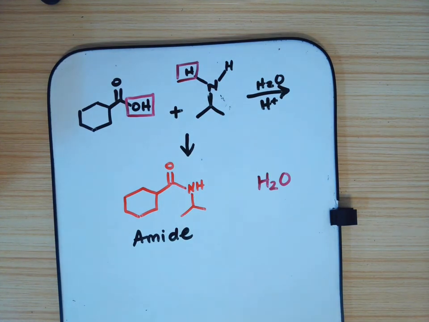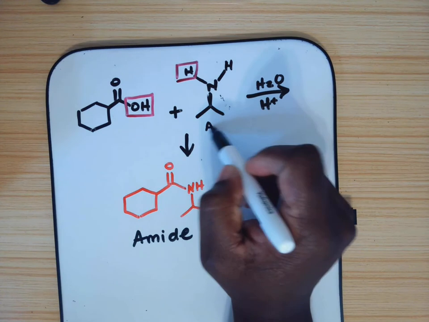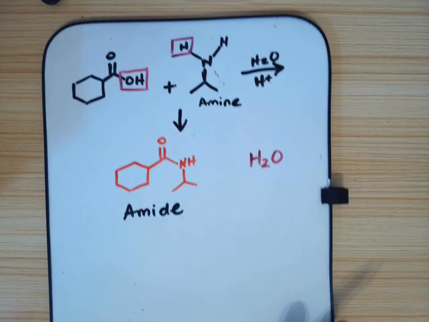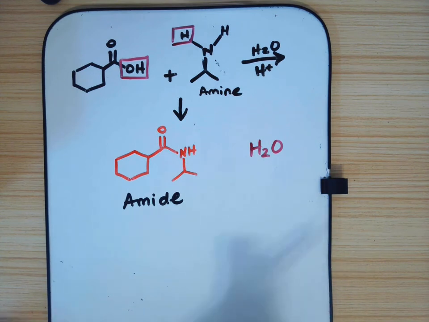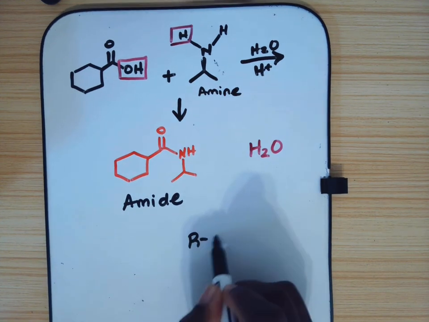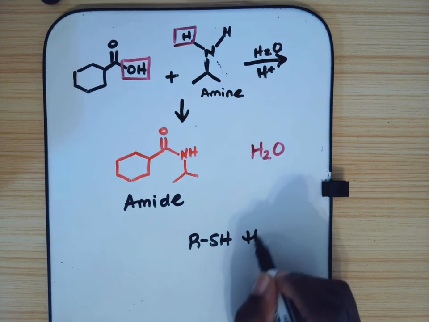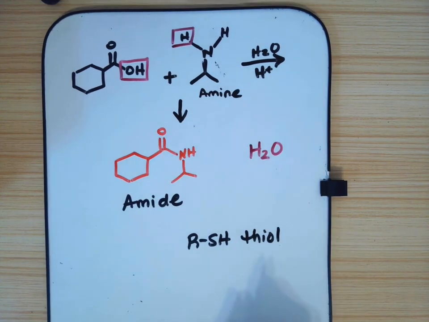And so what you'll see with the condensation reaction, regardless of whether our second component is an amine, as we have here, an alcohol, as we had in the first example, or a thiol, and remember the thiol is when you have the sulfur with the hydrogen, so the sulfhydryl group, the process is going to be the same.